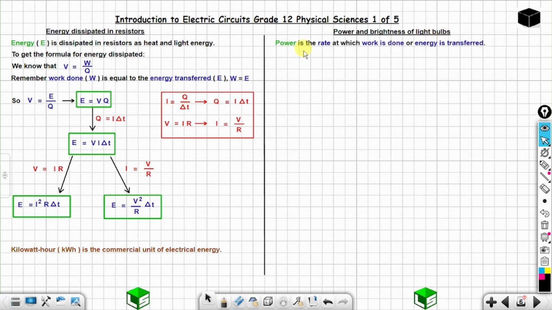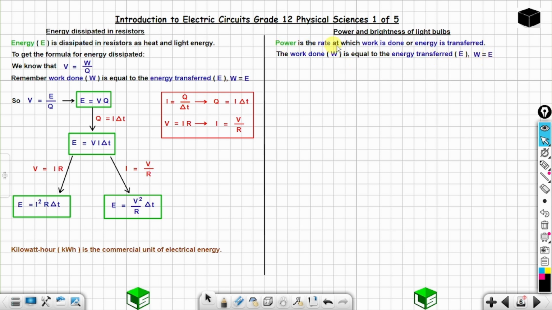The power is the rate at which work is done or energy is transferred. Whenever they say rate, you have to know that it is division by change in time. And remember, the work done is equal to the energy transferred.